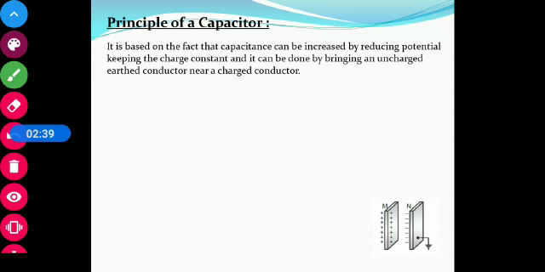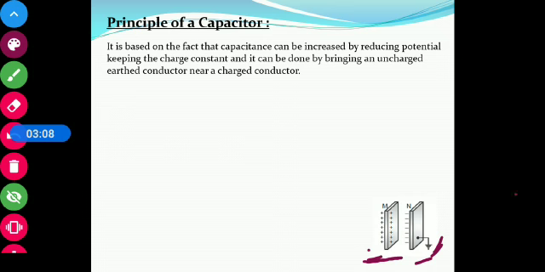Here, this is a charged conductor, conducting plate M. Now, if we bring another uncharged conductor plate N near to it, which is earthed, meaning connected to the earth, then we can increase the capacity of the conductor M to store more charge.